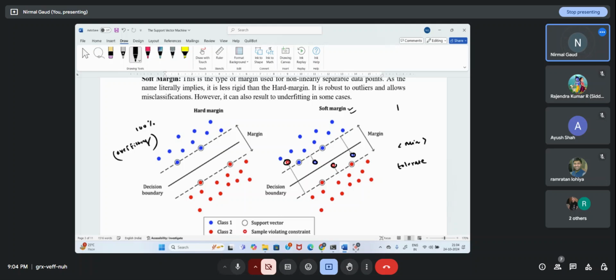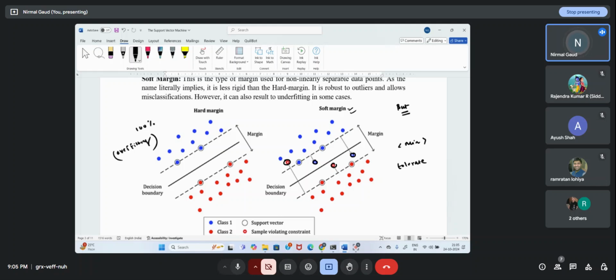But there is a limit, no? I want to increase the margin so that I can clearly classify A and B. But increasing the margin can result in misclassification.